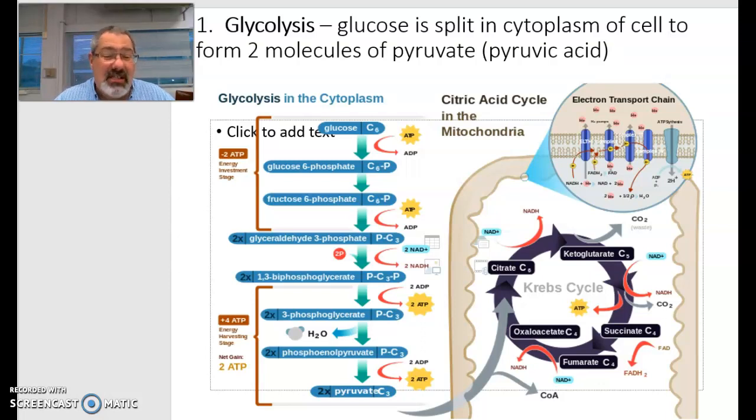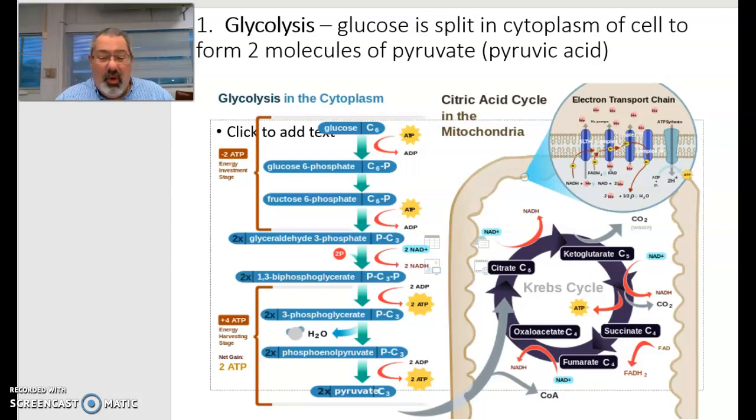So glycolysis is linear in nature. It does not require oxygen. It splits glucose into 2 molecules of pyruvate. It removes a few atoms of hydrogen, and they are picked up by an electron carrier molecule that's called NAD, as you see right in the middle of the linear pathway.